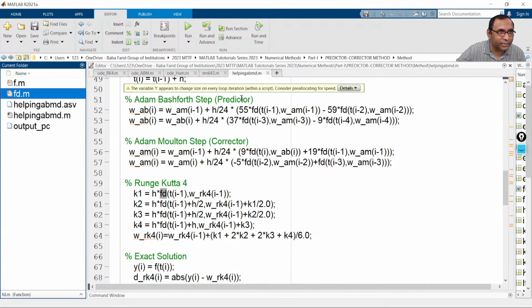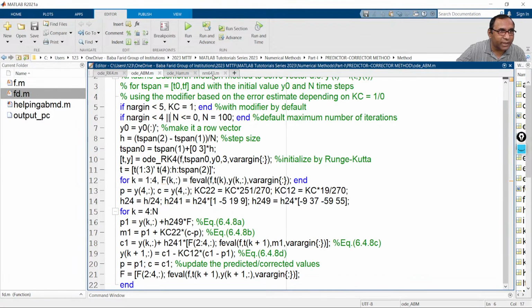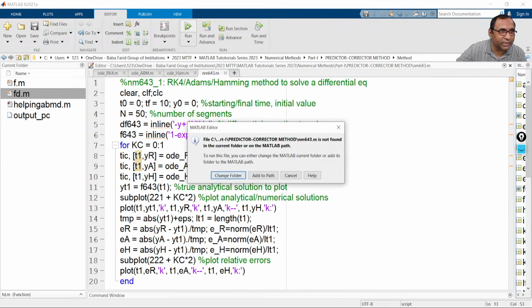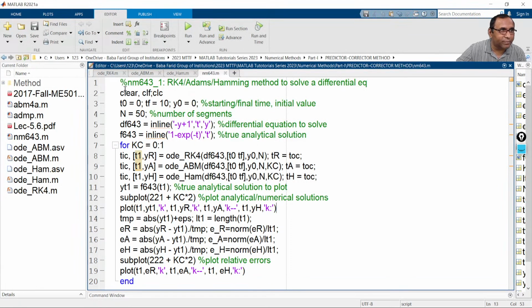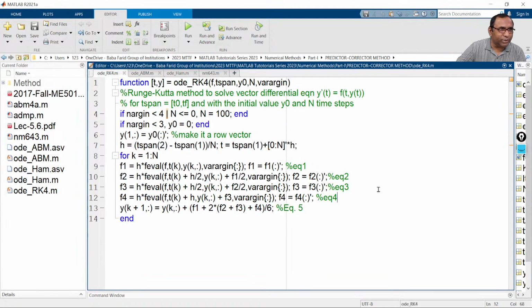So now I want to close this one. Now we are discussing here. Okay. So here you can see this is the Runge-Kutta fourth order method which we discussed in the last session. Okay. And here we also want to use it, but this is a different way to use the Runge-Kutta fourth order method for ordinary differential equations.